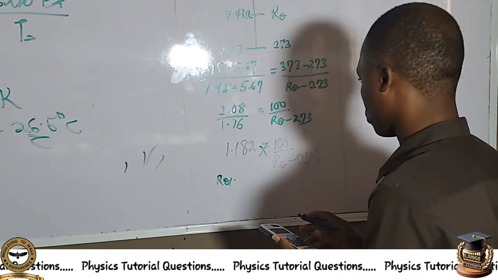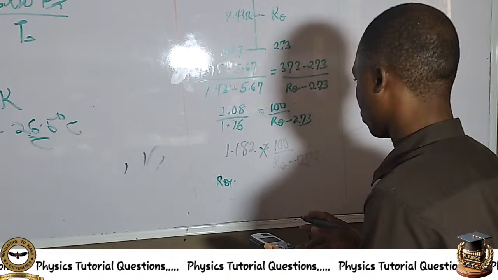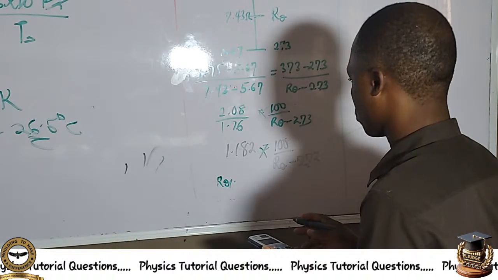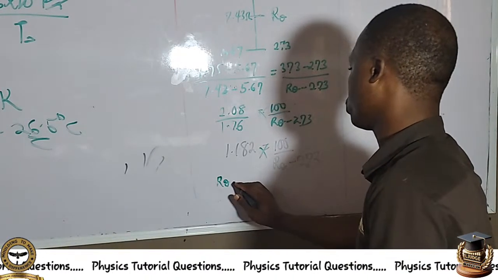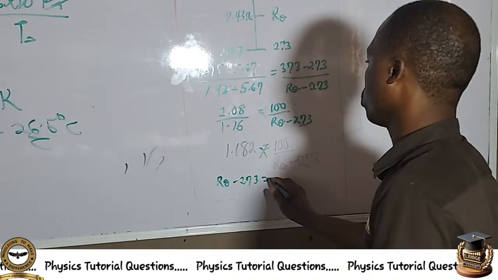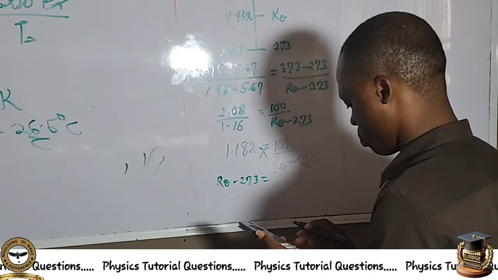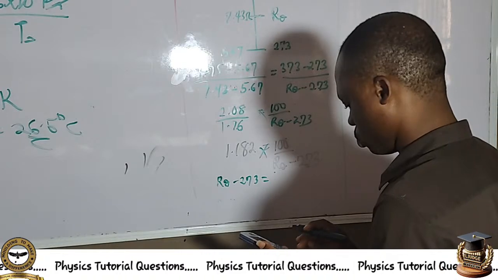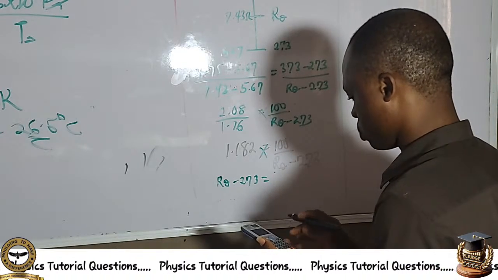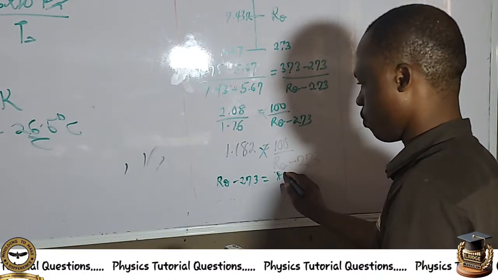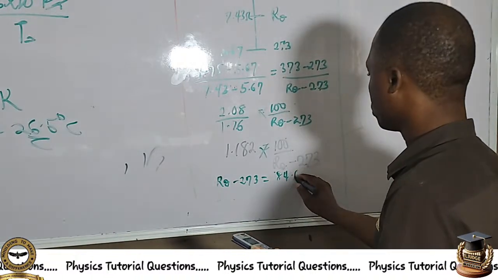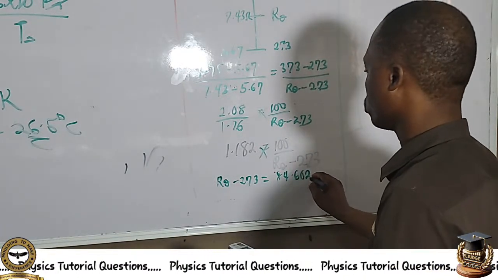If we cross multiply, R theta minus 273 equals 100 divided by 1.182, which gives us 84.602.